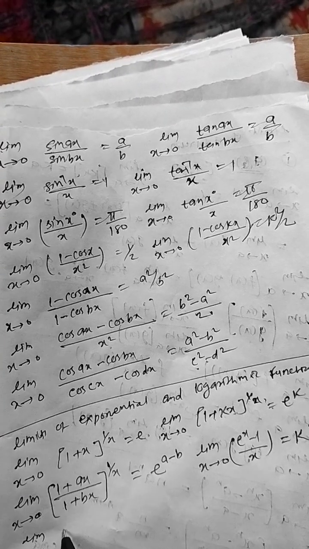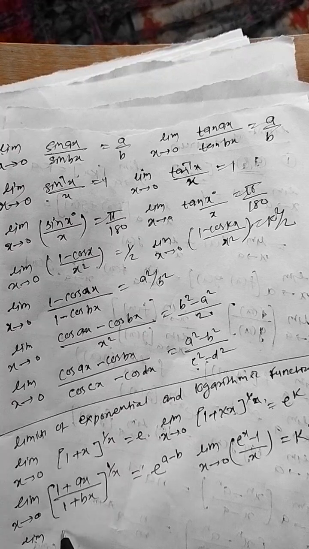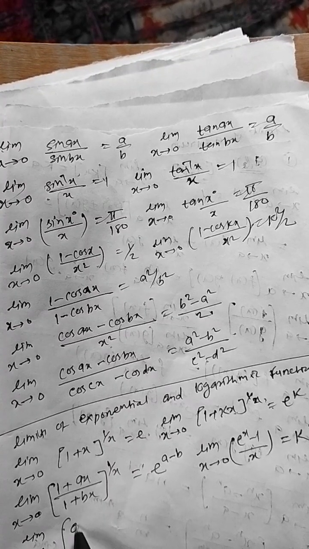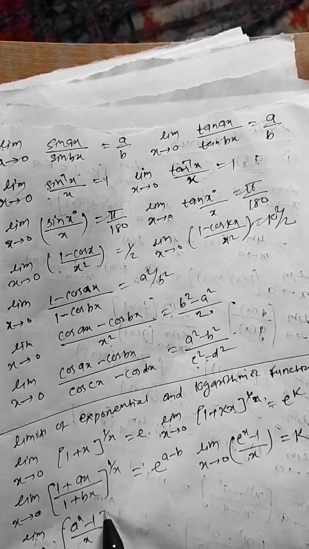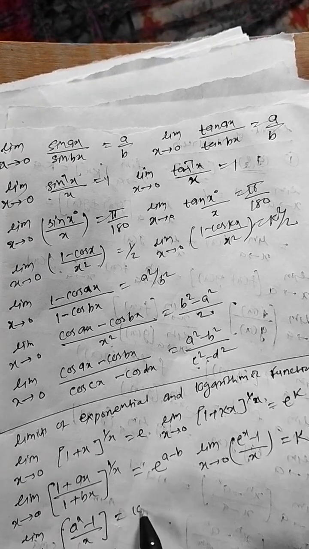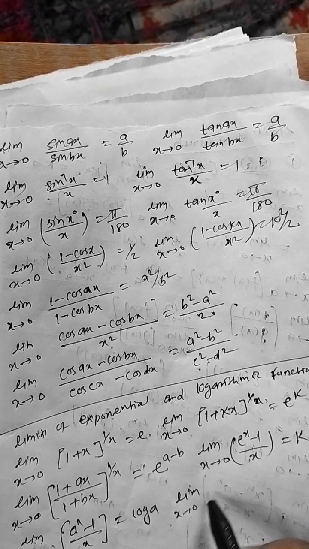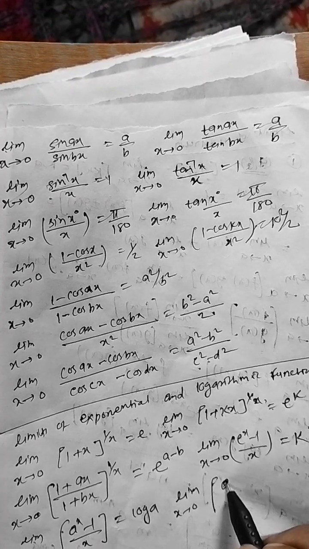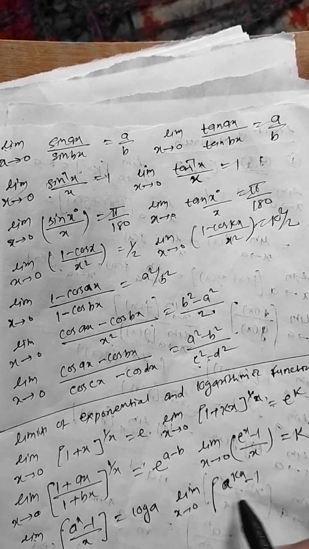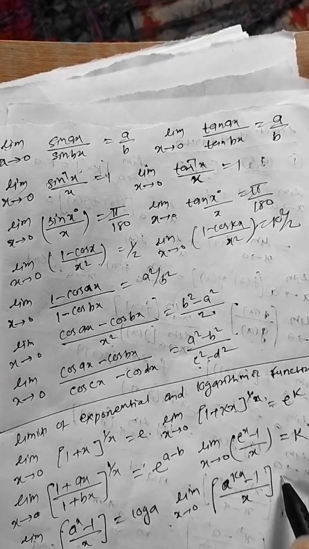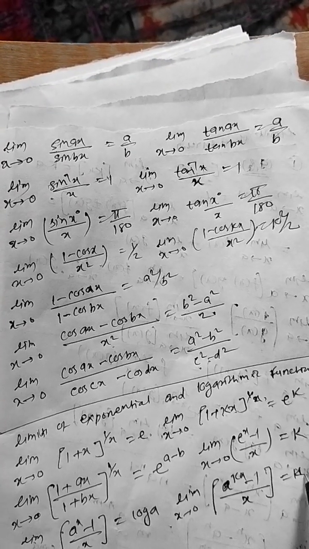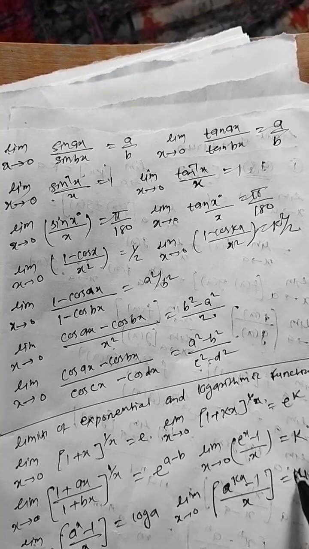Limit x tends to 0 (a raised to x minus 1) upon x equal to log of a. Limit x tends to 0 (a raised to kx minus 1) upon x equal to k log a.